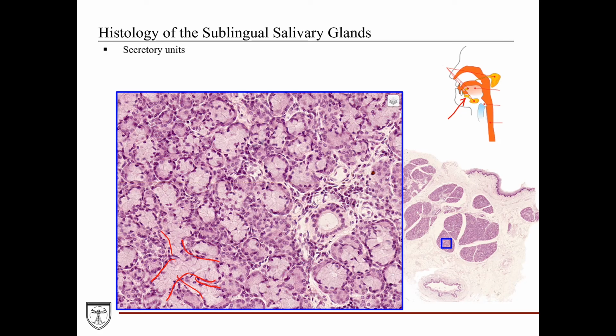comprised of goblet cells that are quite branchy, but intermixed within these mostly mucin secreting units are occasional serous acini as well as the demilunes, again comprised of the serous secreting cells.